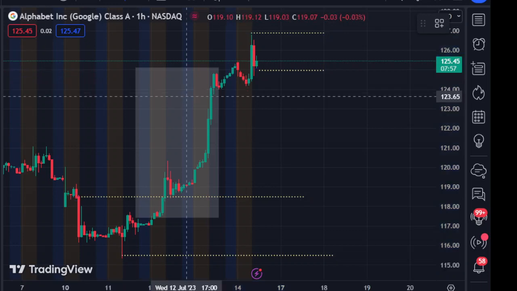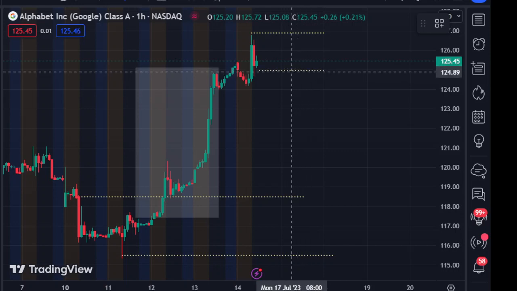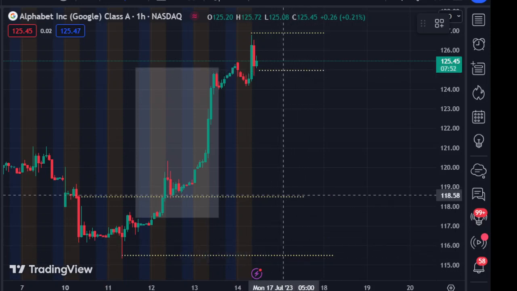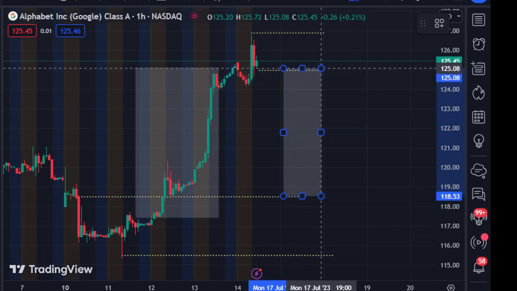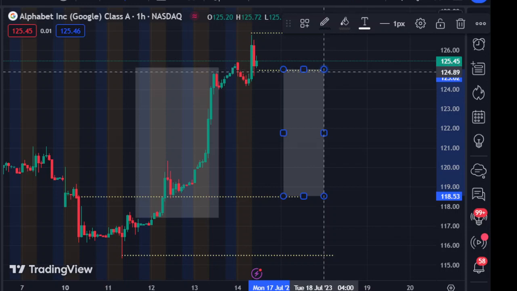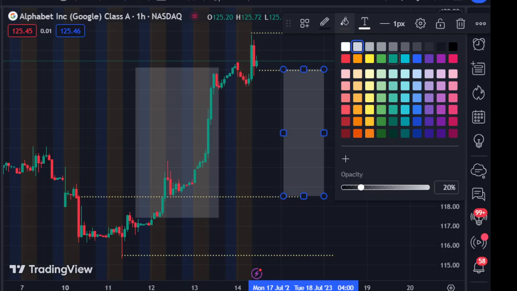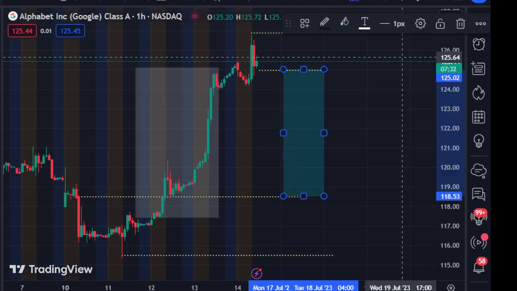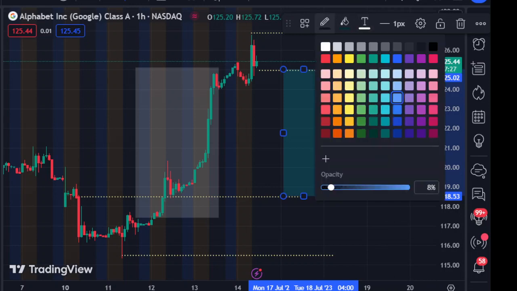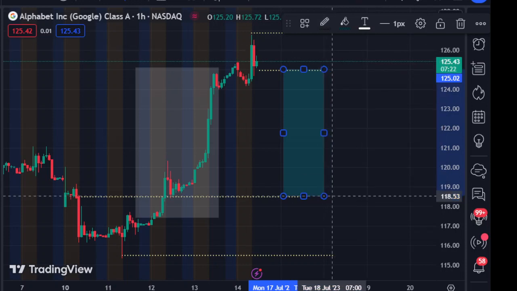And now if you form a candle, where did it open? Over here, right? It opened here. Okay, closed here, right? Let me fill it in. That's how you can see.